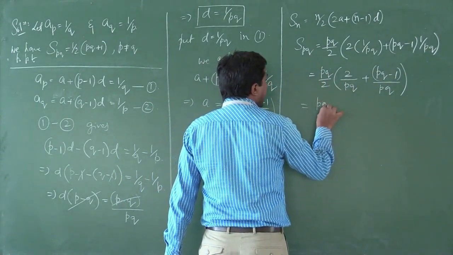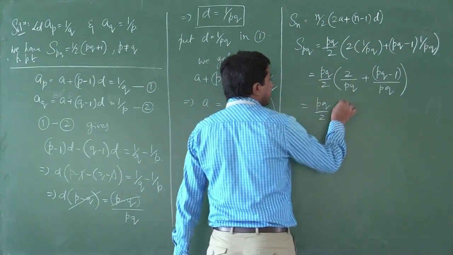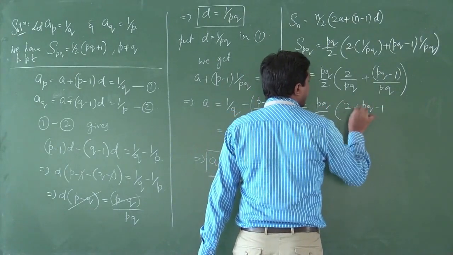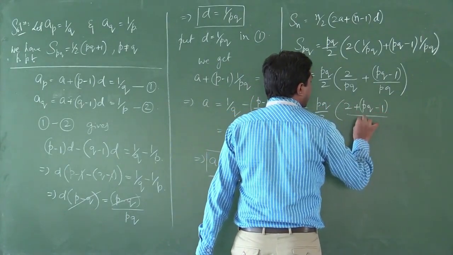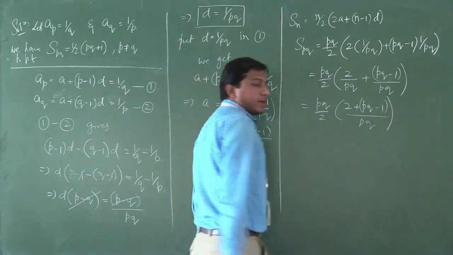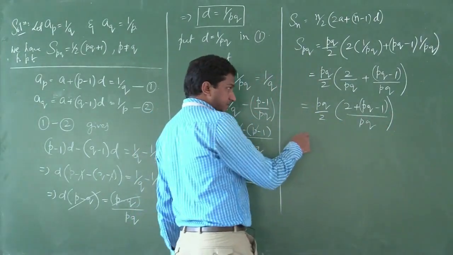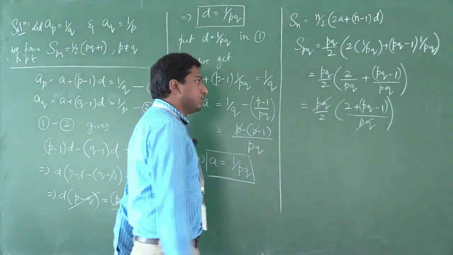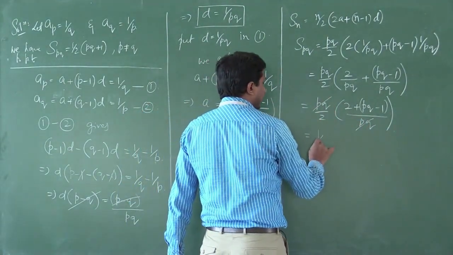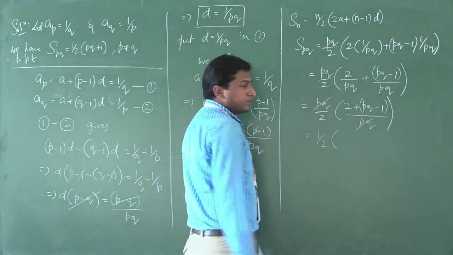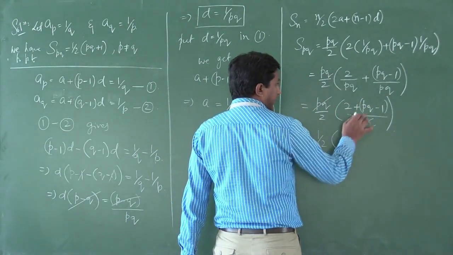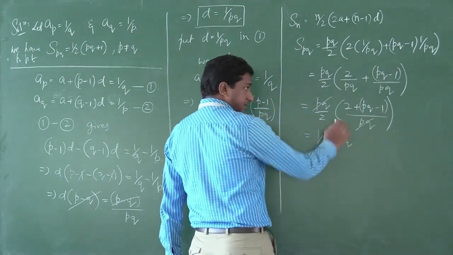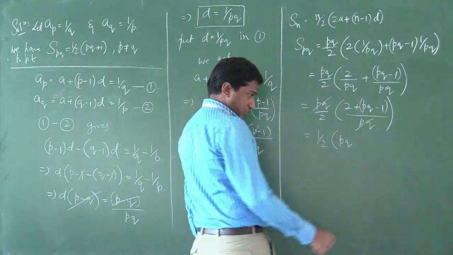Taking the LCM as pq, I can write this as 2 plus pq minus 1 whole divided by p into q. What cancels here? pq cancels with pq. What happens to this? 1 by 2 into, look at the terms inside the brackets, pq as it is, 2 minus 1 gives us what?